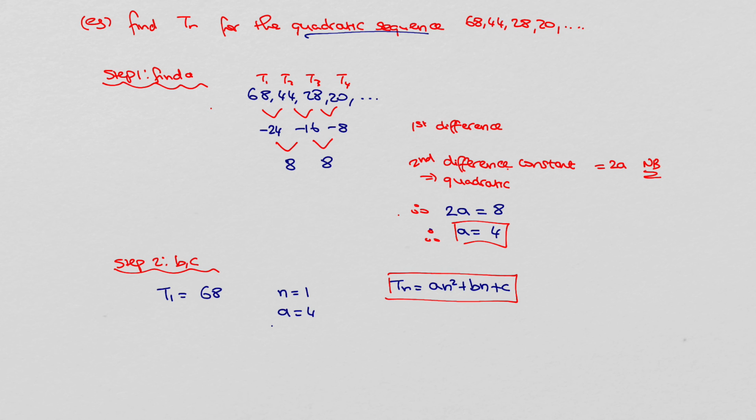So therefore a is going to be 4 times n, which is 1, plus b times n, which is 1, plus c. And that first term is equal to 68. So we're going to have 4 plus b plus c equals 68. And therefore b plus c is equal to 64 will be our first equation.